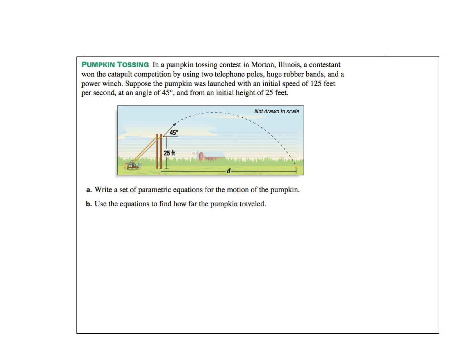All right, so just based on the definition from the previous slide, x equals v cosine theta t plus x0. That's where this is going to come from. So x equals initial speed, or velocity, 125. Speed is just the absolute value of velocity.